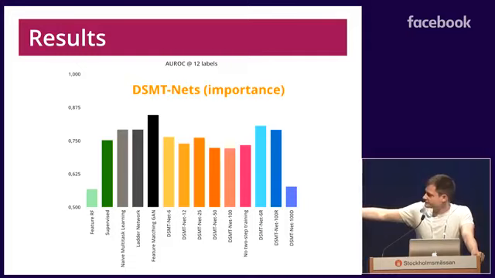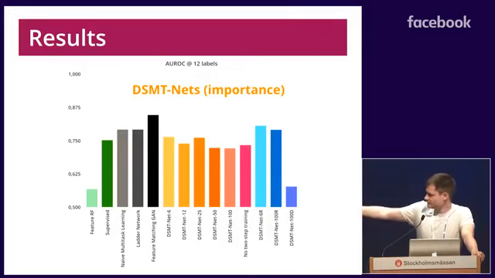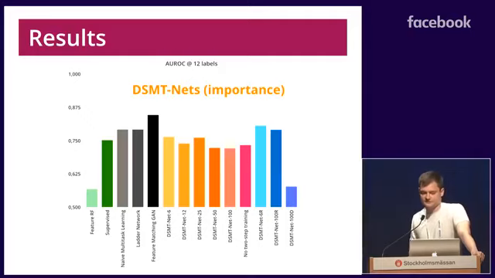In orange, you see different variants of distantly supervised multitask networks with different amounts of auxiliary tasks. So the lowest we tried was 6, and the highest was up to 100. Then we also tried in pink one version that did not use our two-step training approach. It's the pink one here next to the 100, also using 100 auxiliary tasks, just to see if it actually helps.